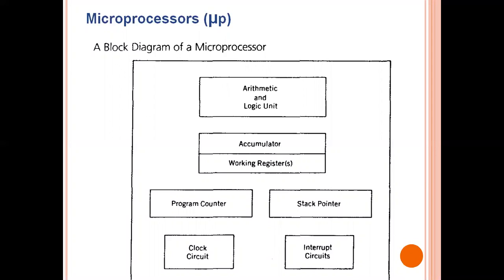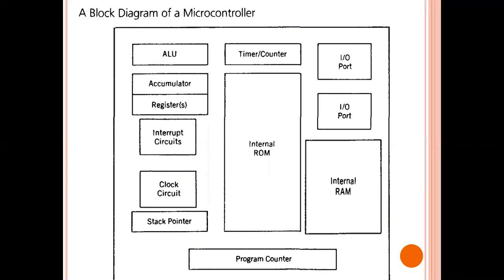Now we will see the block diagram of the microcontroller. Observe this diagram. It has ALU, registers, clock circuit, interrupt circuit, and other parts also like IO ports, internal RAM, internal ROM, timers or counters.